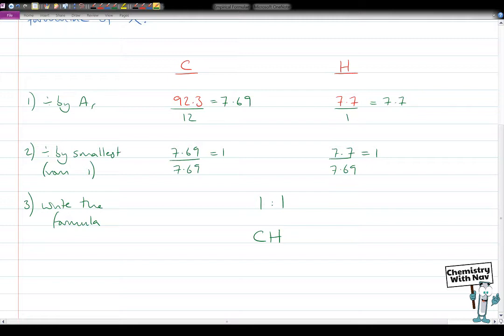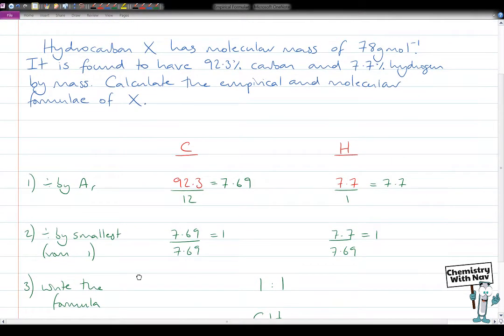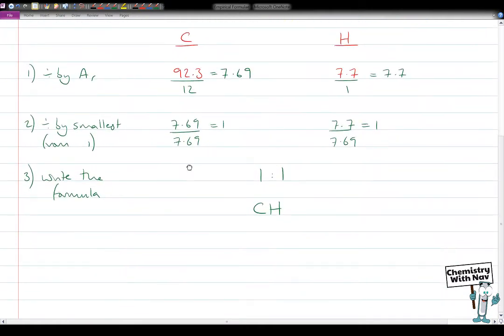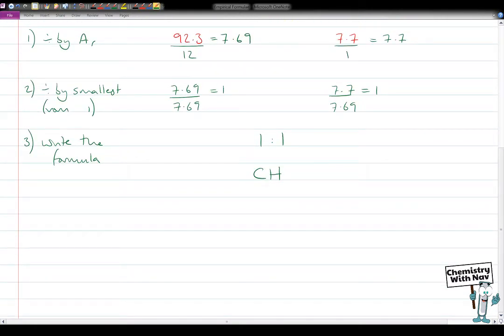But the question also tells me that the molecular mass is 78 grams per mole, so I need to do something different here now. And the empirical mass of CH is equal to 12 plus 1, which is 13.